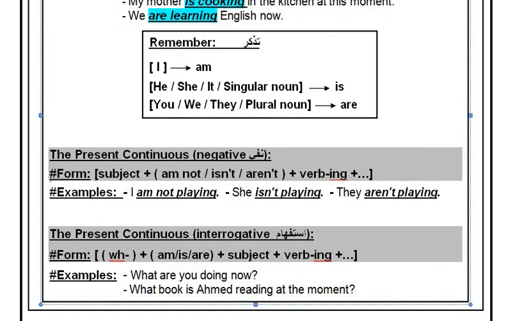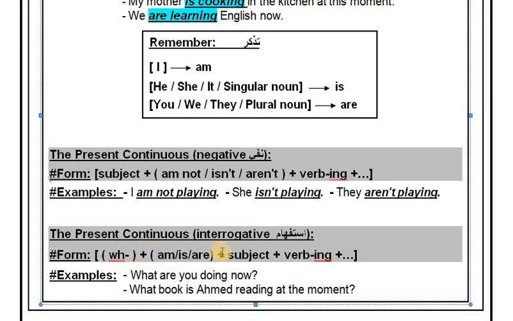Okay, the last form, the interrogative form, بالاستفهام. WH question, or we can say interrogative word, أداة الاستفهام, like what, when, where, etc. هاي optional ممكن تكون ممكن ما تكون.